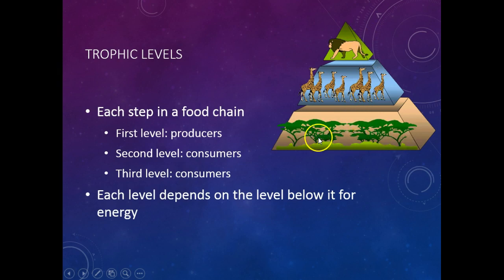So if most of our trees are lost because of some disease and all we have is grass, our population of giraffes will dwindle because there's not enough food to support all these giraffes within that ecosystem, which means that the lions will also dwindle in population. If we have a nice healthy ecosystem down here that can support a lot of giraffes, then the population may rise, which will also cause the lion population to rise because there's enough food for everybody.